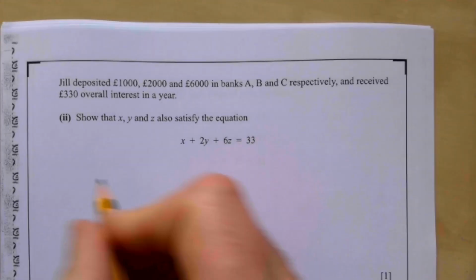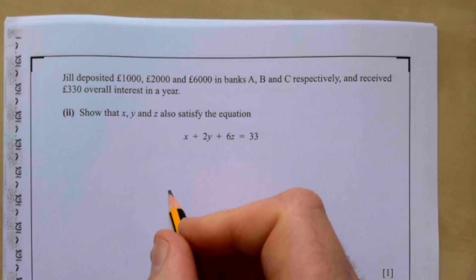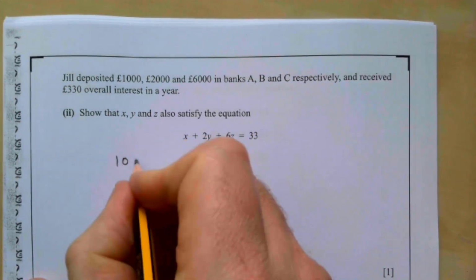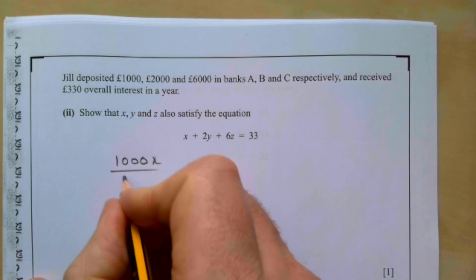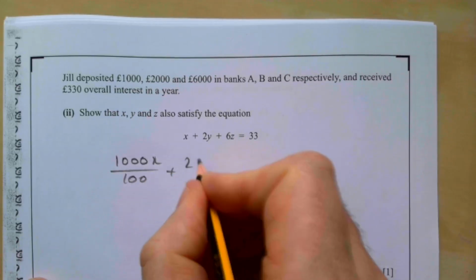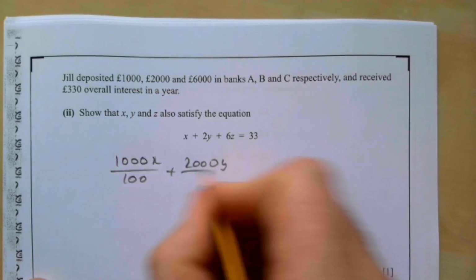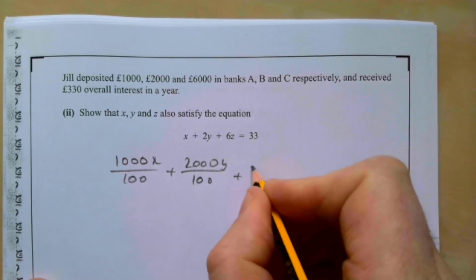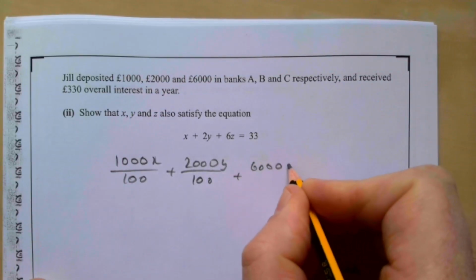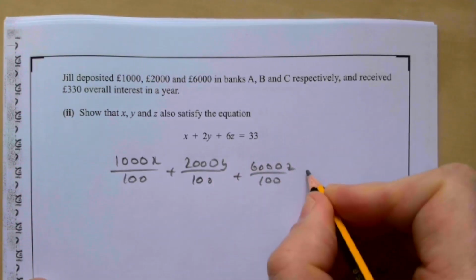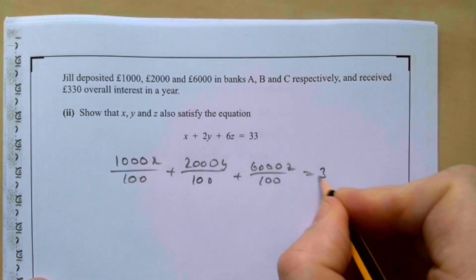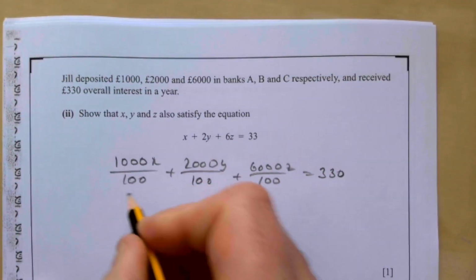Jill deposited 1,000, 2,000 and 6,000. So again similar. It's going to be 1,000x over 100 plus 2,000y over 100 plus 6,000z over 100, and she got 330. So I'm going to cancel this down.